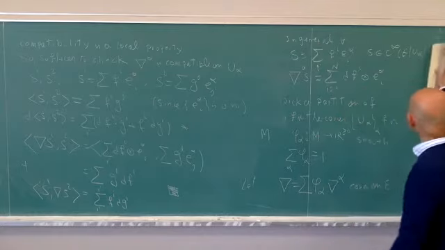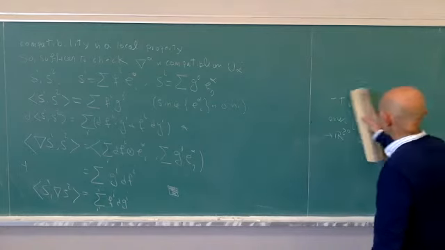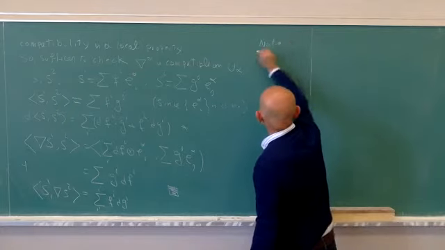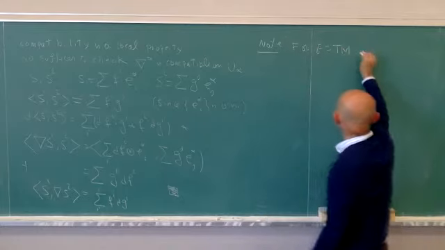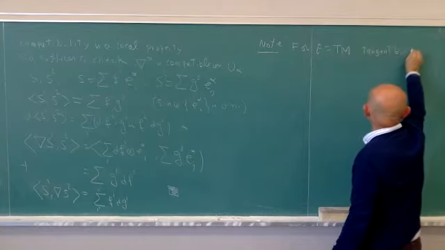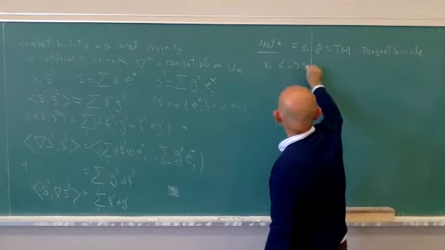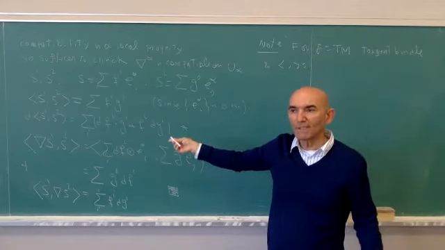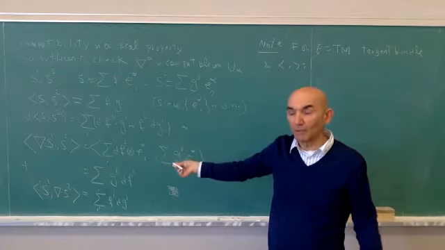Let me just make a note here, because it's something that we already discussed a little bit. Note: for E equal to TM, the tangent bundle, and an inner product, what was the name of an inner product on a real tangent bundle of a manifold? Do you remember that name?